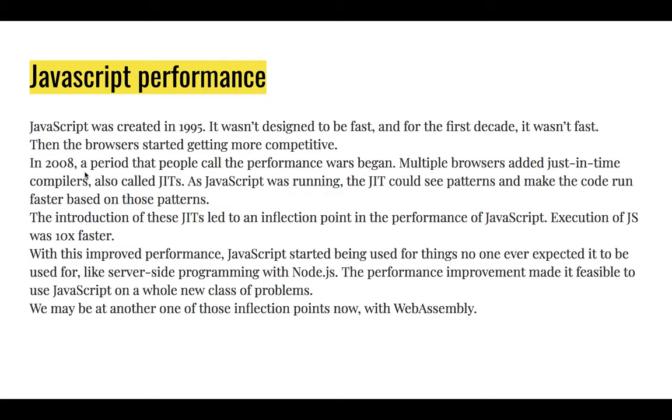So JIT played a huge role in Node.js. That was an inflection point when JIT was introduced, and there is going to be another inflection point after people adopt using WebAssembly in their code, and WebAssembly completely gets developed.